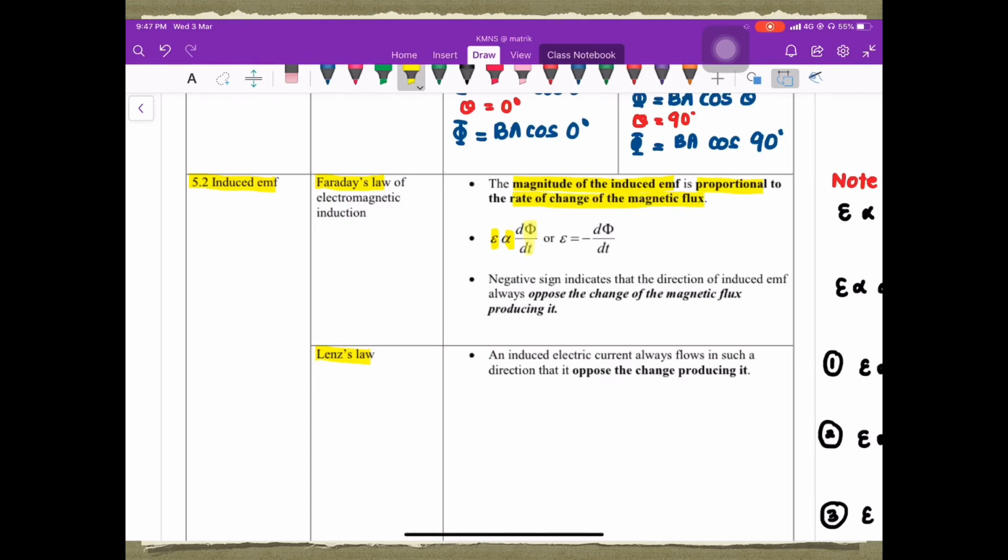Now, the negative sign here indicates that the direction of induced EMF always opposes the change of the magnetic flux producing it.